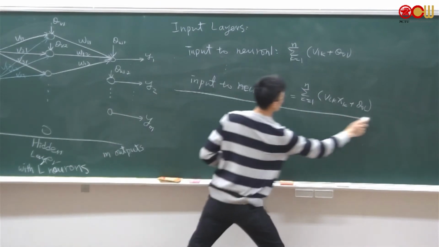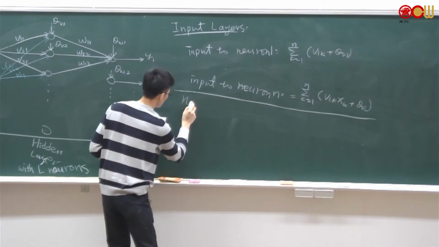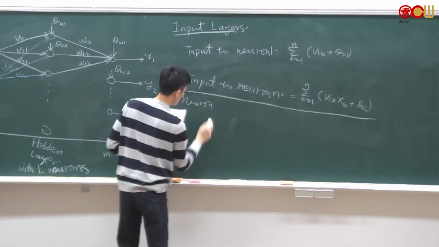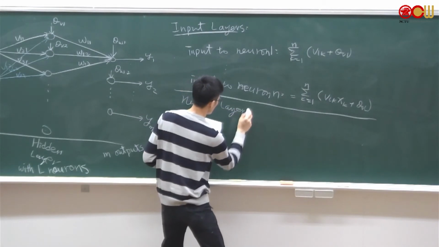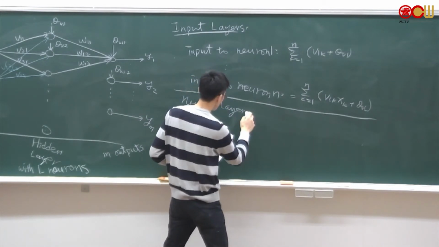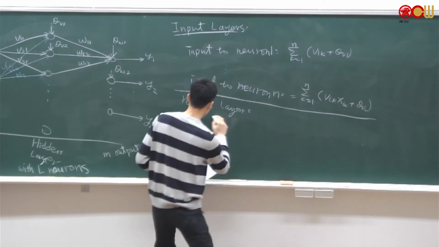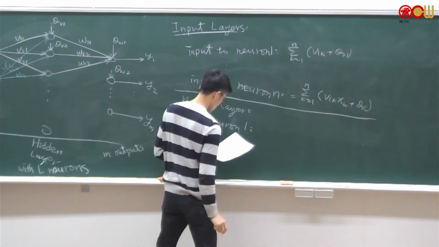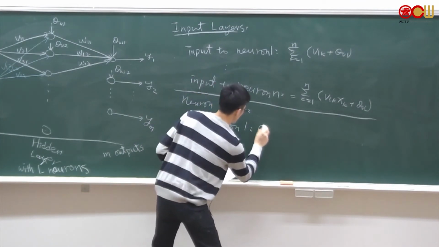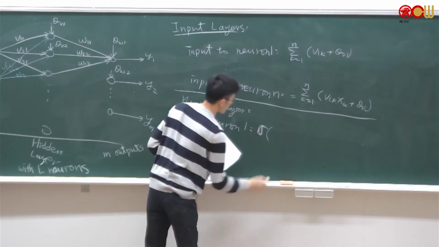Next, that's the input layer. Now we consider the neuron layer, and it's straightforward to interpret. For neuron 1, you put the input into the sigma.